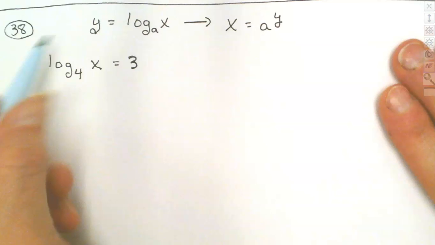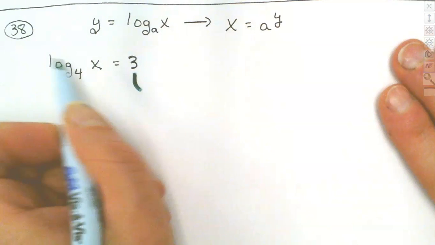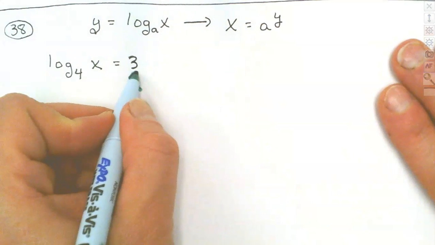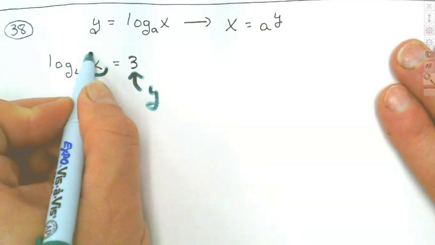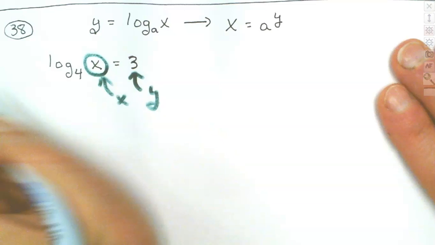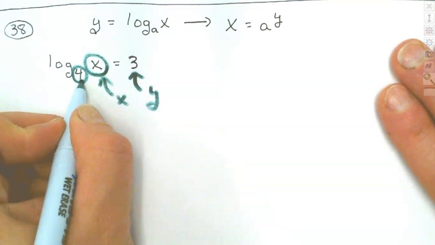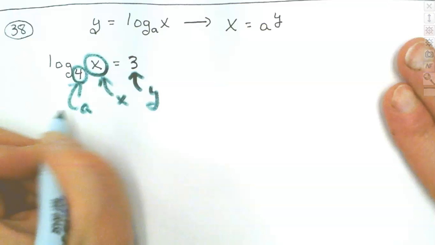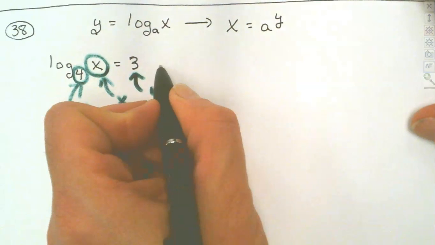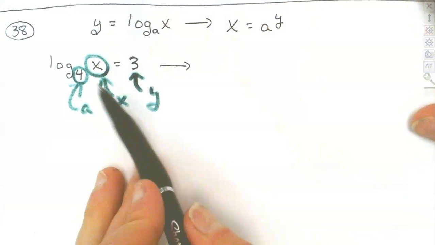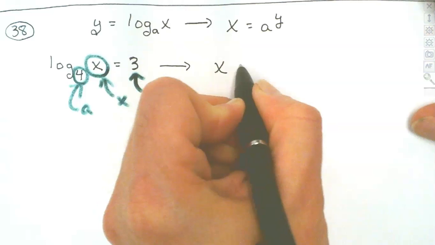So what do we know? Well, we know that 3, what is that 3? 3 is the y. Okay, the x is x again. And the 4 here is the a. So if I was going to transform that, what would that transform into? This one's very easy to solve. That would transform then into, okay, x is x. So that's x equals.